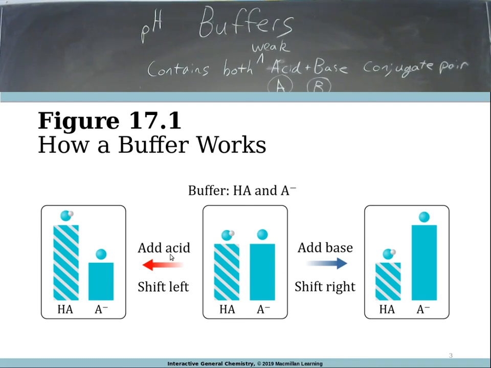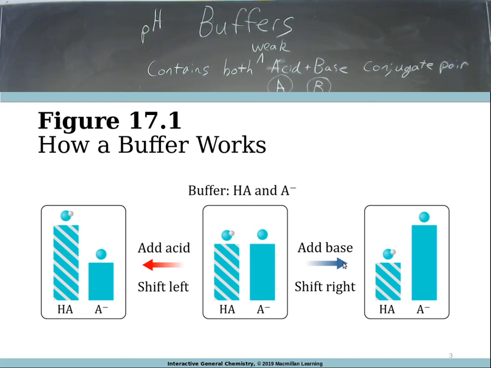If I add as much strong acid to the buffer solution as I need to completely consume the conjugate base, then hopefully you can see it. At that point, our buffer is not going to be able to withstand changes in pH anymore. There's no sink left to react with any additional strong acid once the conjugate weak base is consumed.